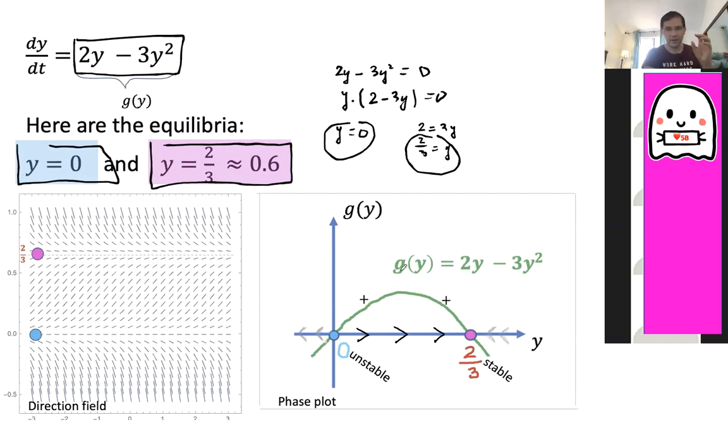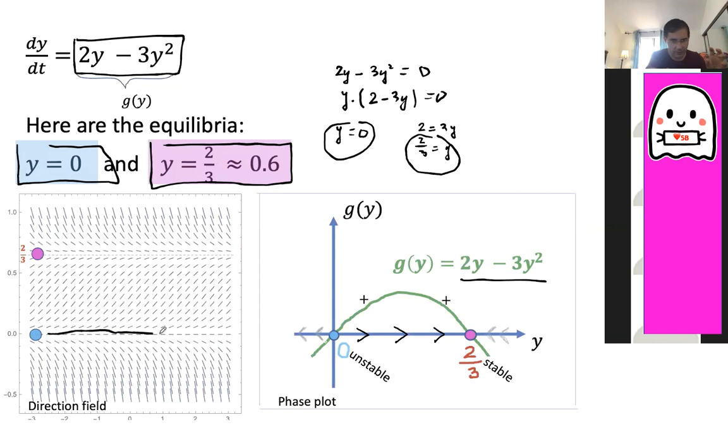Okay, now sketch the graph of this function 2y minus 3y squared. This is simple. The function looks like this. It's essentially a parabola, a polynomial of degree 2. One zero of this polynomial is at 0, and that's the blue solution. The blue solution corresponds to this constant function 0.